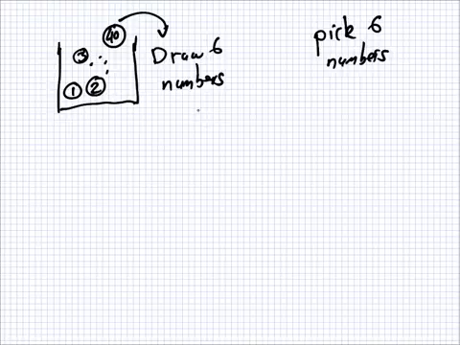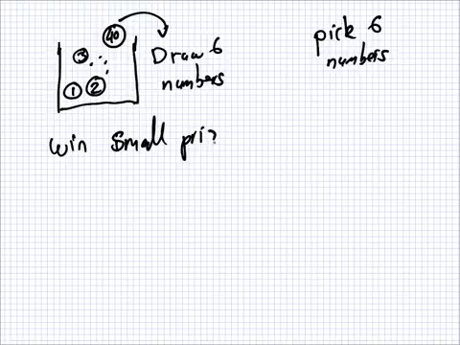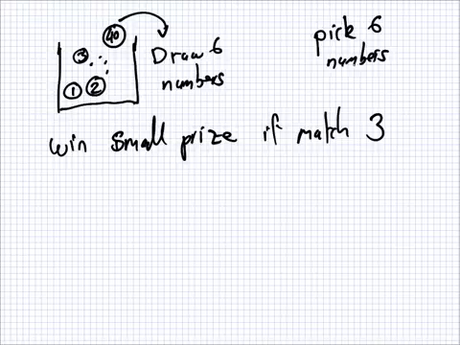So let's say for my game, you win a small prize if you match 3 numbers. So you pick 6 numbers, and then they draw 6 numbers. If 3 of your numbers are the same, then you win a small prize.